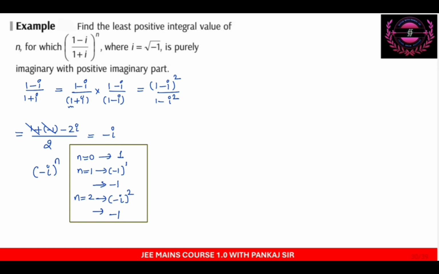Now for n equals 3, I have (-i) cubed, which is minus i square into i. You can split this for understanding. i square is minus 1, so minus minus becomes plus, and this is i. So the least positive integral value of n for which this whole expression gives us an imaginary value is n equals 3. For n equals 3, we are getting i, which is imaginary.